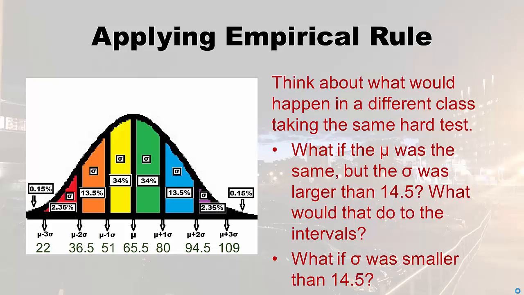So that gets to my last question. What if the standard deviation was actually smaller than 14.5? If we were in the chemical engineering class and they were taking chemistry and they had a smaller standard deviation, maybe they might have had the same mean, 65.5. But let's say their standard deviation was like 5. Then where the 80 is now would be 70.5, and where the 51 is would be 60.5.